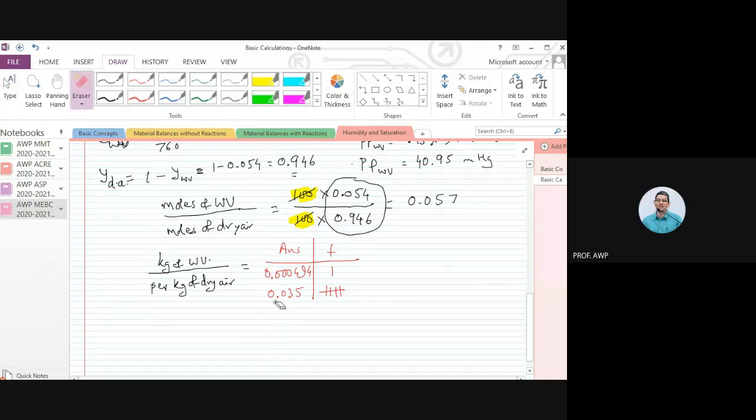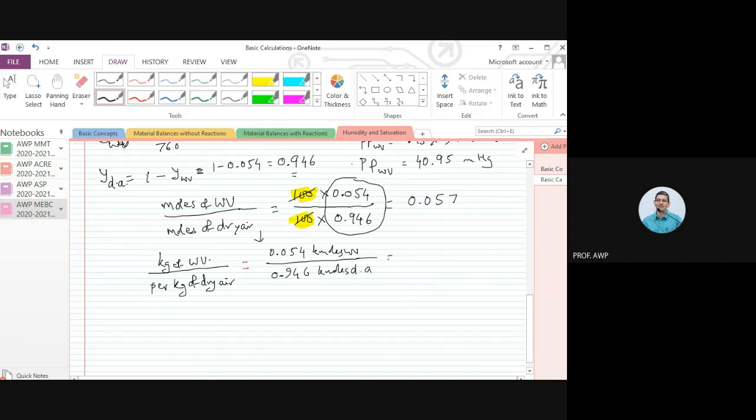How did you get this 0.035? Sir, I multiplied 0.057 by the molar mass of water and divided by the average molar mass of dry air. Right. So if you continue the same basis, 100 moles or 100 kilomoles in this case, I would have 0.054 kilomoles of water vapor, and I would have 0.946 kilomoles of dry air.